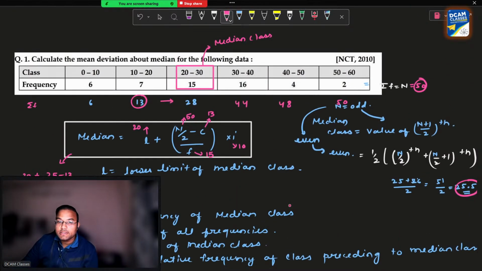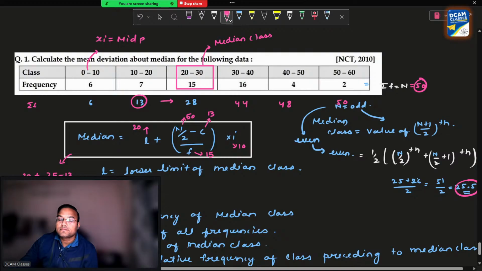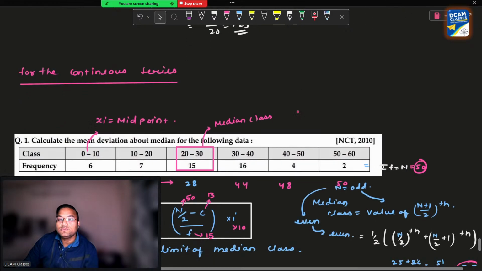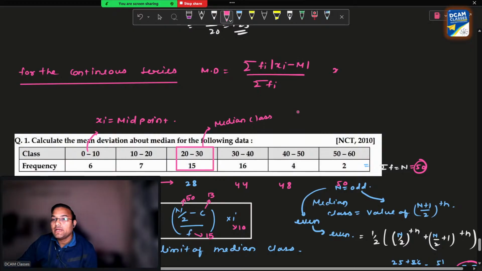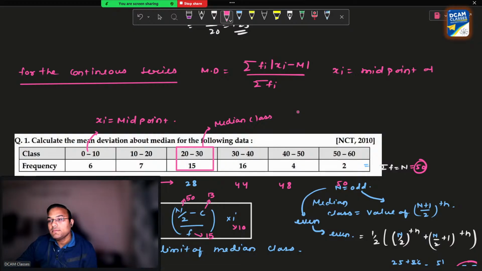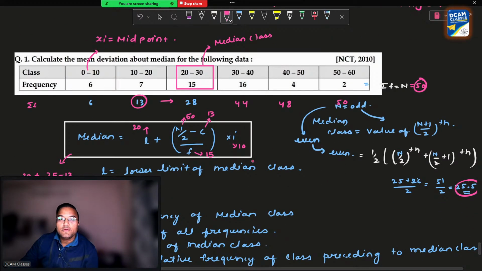Because this is continuous data, 0 to 10 and so on, for these kinds of data the value of xi you take is the midpoint. For mean deviation, the formula is sigma fi into mod xi minus M divided by sigma fi, where xi is the midpoint of the range.